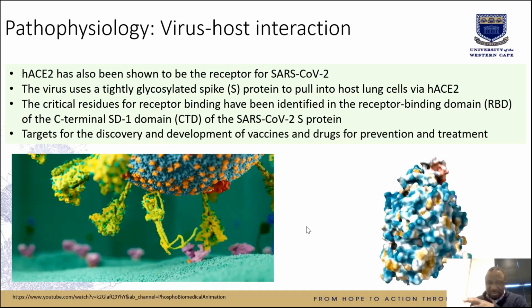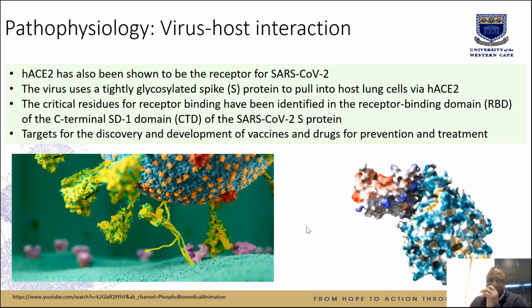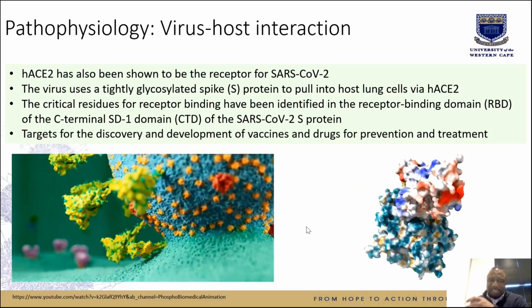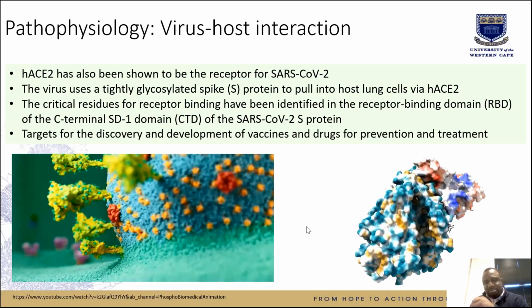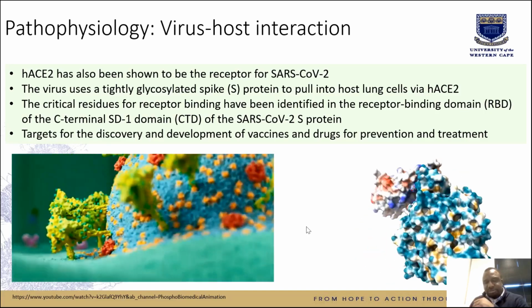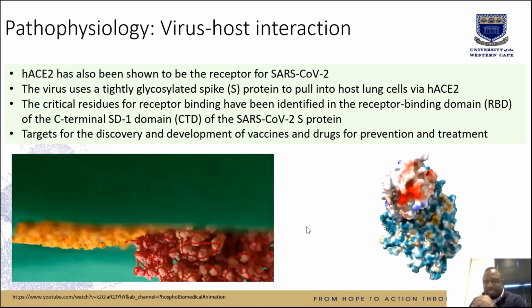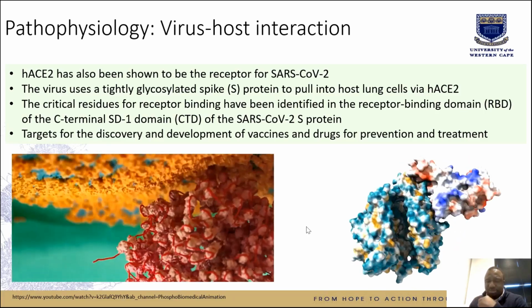So this is what we need. We know there's a receptor binding domain and there's an interacting surface on the hACE2 for that initial contact, and that is what we set out to disrupt.